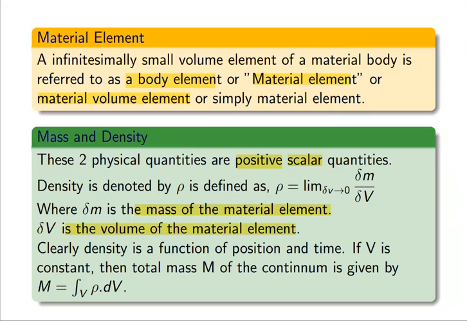So clearly, this density is a function of both position and time. If V is the volume, then the total mass of that continuum is given by the volume integral of rho dV.